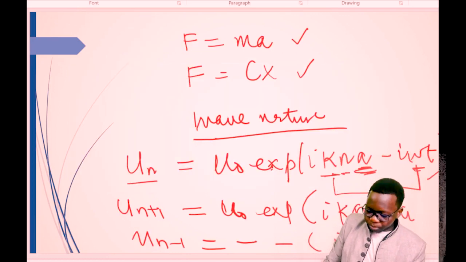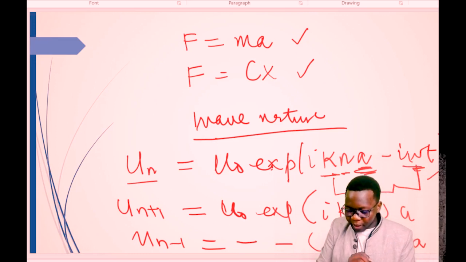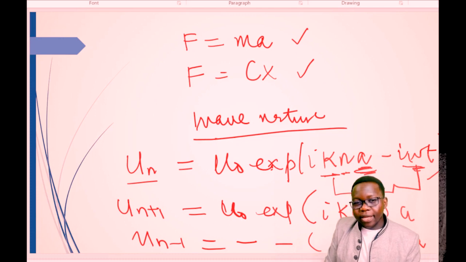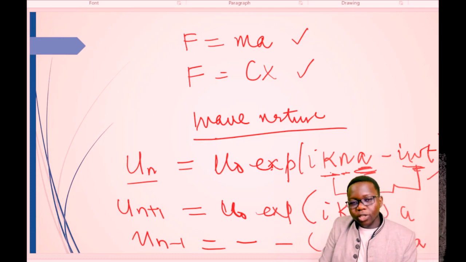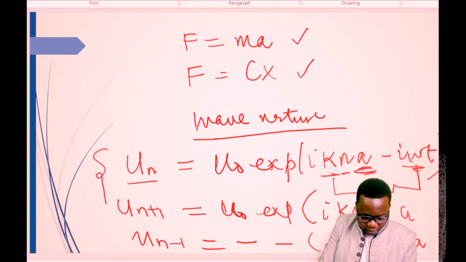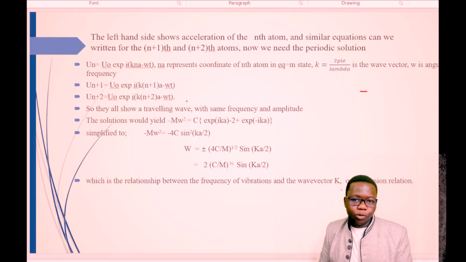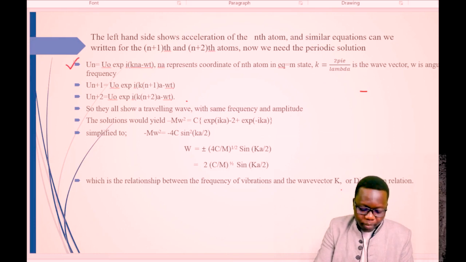So we are interested in finding the relationship between omega and k, the constant of propagation. When you look at this, it is actually what we're trying to do here, that the nth atom has this, and then we have the n plus 1 and n plus 2.